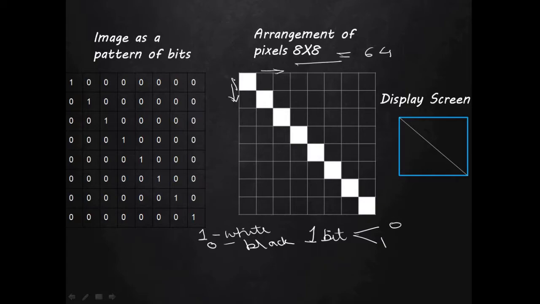You can see that since this value is 1, we have displayed this pixel as white. And since the next value is 0, we have displayed this pixel as black, and so on. In the second row also, this pixel is 0, so we have displayed it as black.